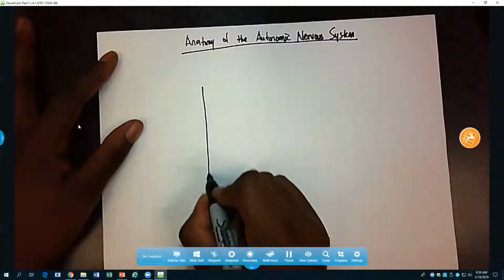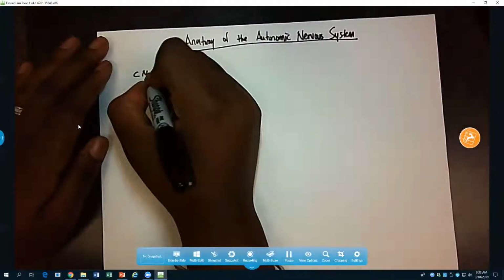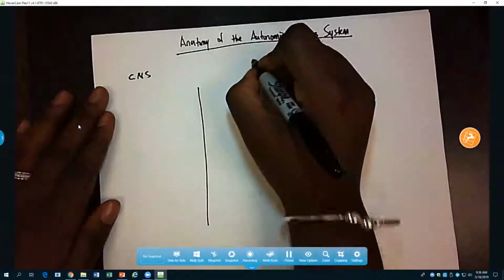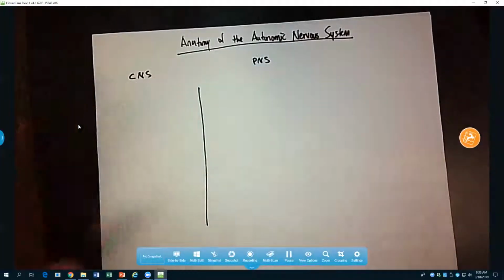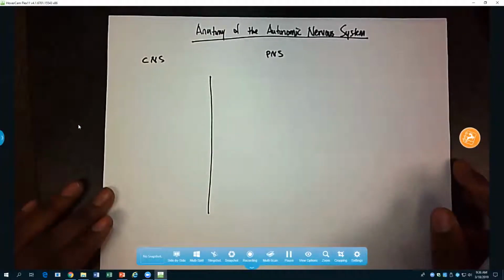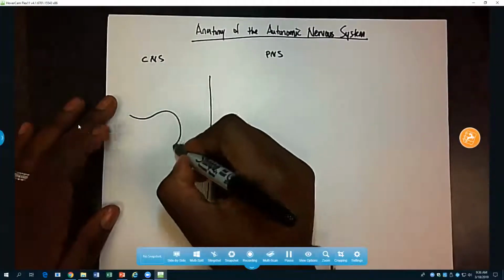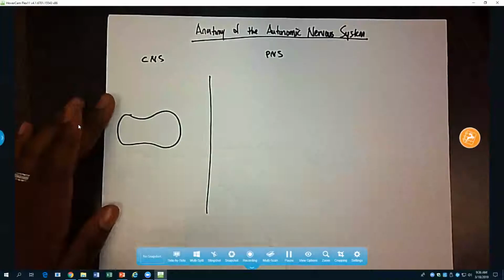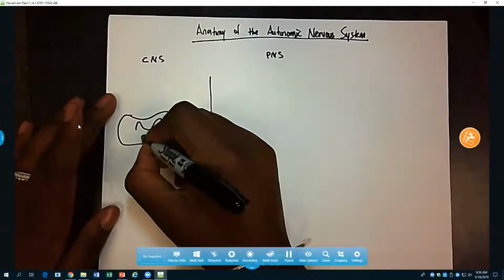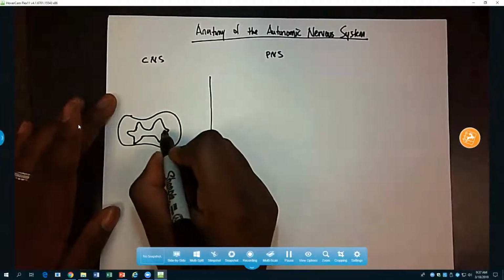So when we look at the autonomic nervous system, there's the central nervous system, which is brain and spinal cord. And then there's the peripheral nervous system, which is everything outside of that. Okay. So we have our spinal cord here. Let's just draw this here. And then we have our first neuron.